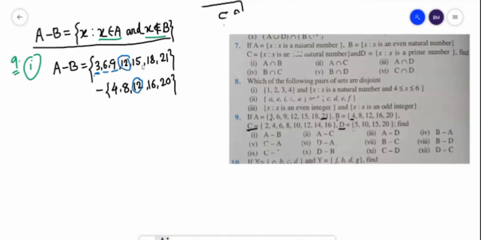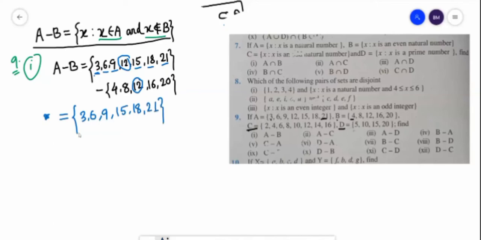Similarly 15, 18, 21 are in A but not in B. So A minus B is equal to 3, 6, 9, 15, 18, 21.